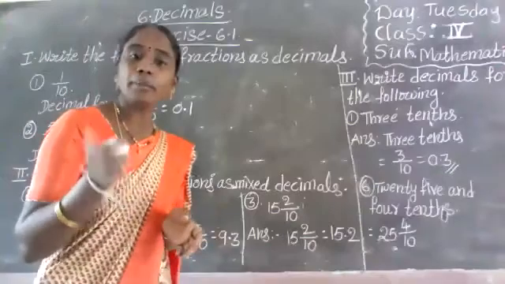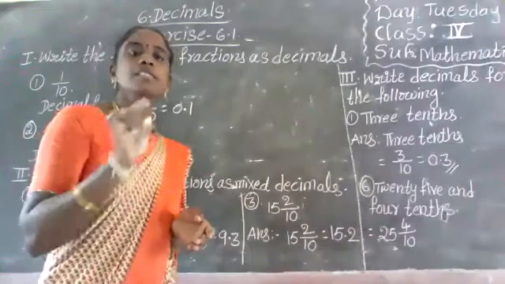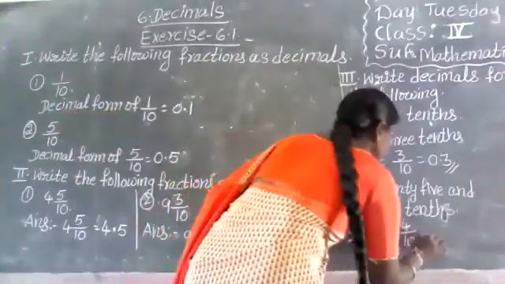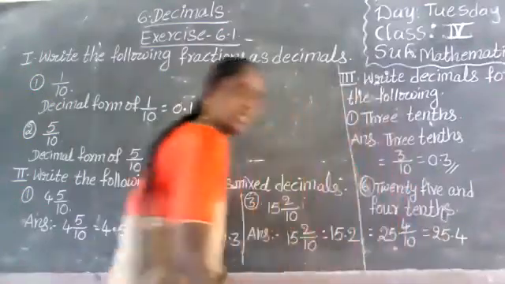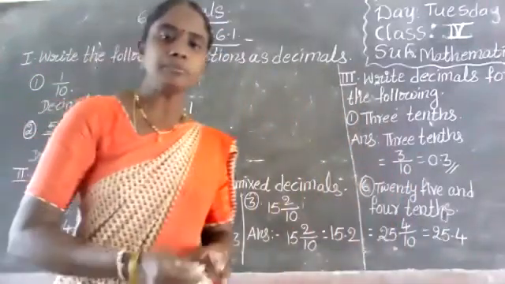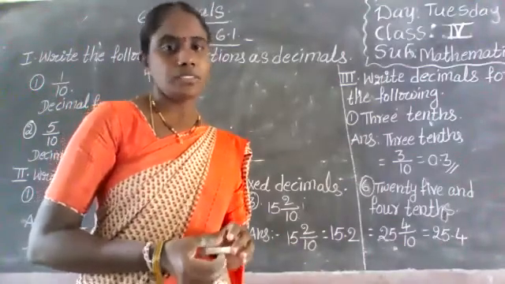Then 25.4. Manisha, 25.4, that is the decimal form. Here 25 is the whole number. 25.4. Okay? Did you understand?